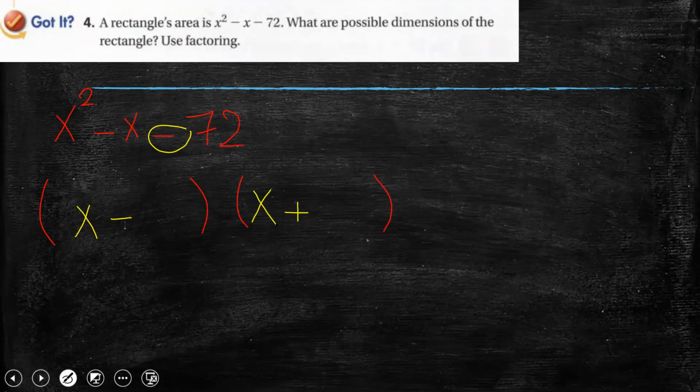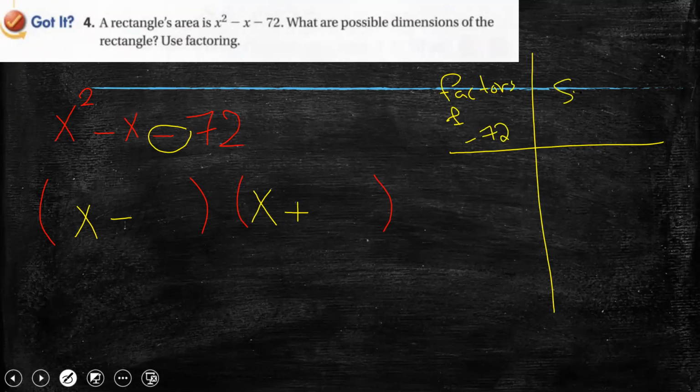Then let's draw my table. In this table, I want to write all the factors of negative 72 and then the summation of these factors. What are the factors of negative 72?